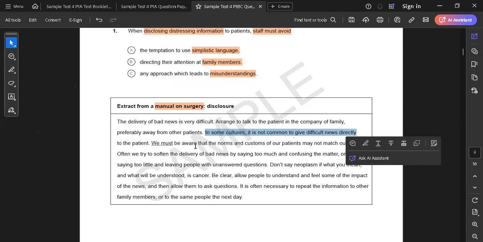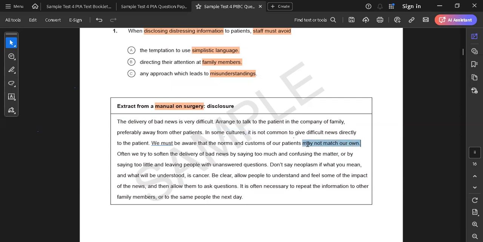And we must be aware that the norms and customs of our patients may not match our own, right? We often try to soften the delivery of bad news by saying too much and confusing the matter, or by saying too little and leaving people with unanswered questions. Okay, there is some information about simplest language as well.